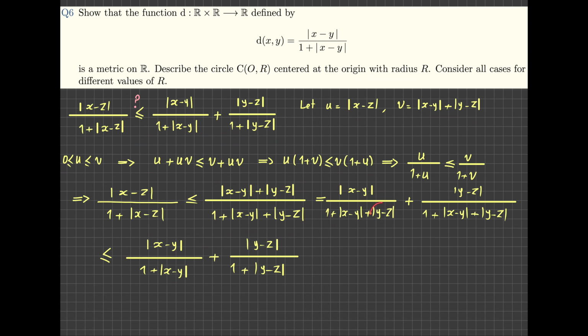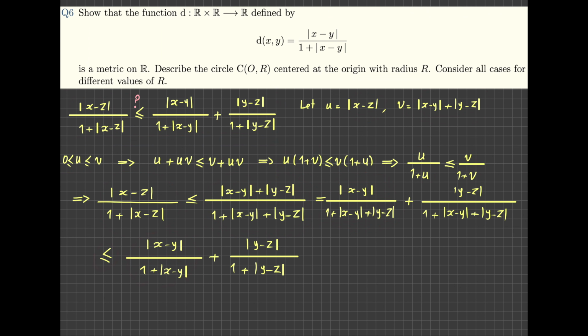I have an extra non-negative term in the denominator of this fraction. So in total, the denominator that you see here is greater than or equal to the denominator that you see here. The numerators are identical. So that is clear that this fraction as a whole is less than or equal to this fraction.